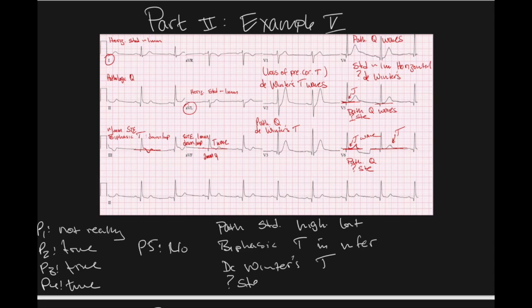Question mark ST elevation in the lateral leads. Right. So definitely some things going on, and also some pathologic Q waves. So there's definitely some things going on in this 12 lead that need to be investigated. Good job, good job. So let's move on to the next one.